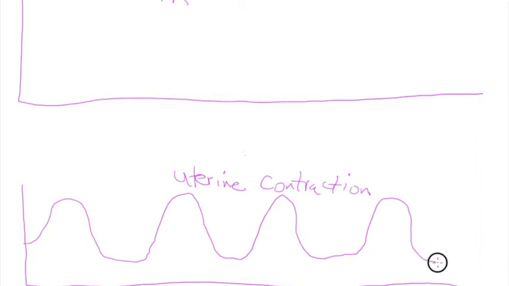So these are regular uterine contractions. For some terminology here, the peak of each contraction is called acme. Not the roadrunner and the coyote. For some reason they like to call it acme. The lowest point of contraction is called nadir.